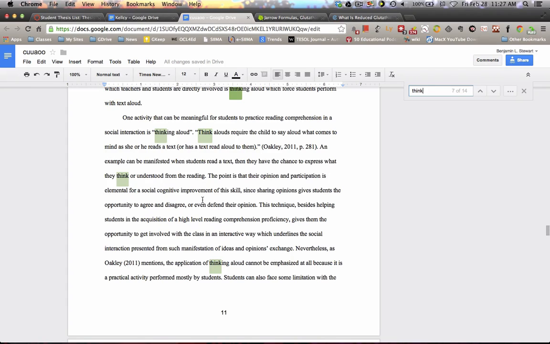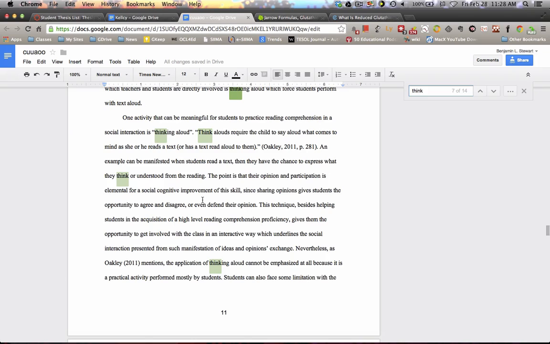Because, for example, if you start talking at the beginning about why think alouds are important and you don't even explain what it is, then it could be difficult for the reader to understand. So logic would tell us first we need to know what it is, then maybe how to apply it, and then maybe why you would want to apply it. Think of the what, the how, and then the why in terms of think aloud.